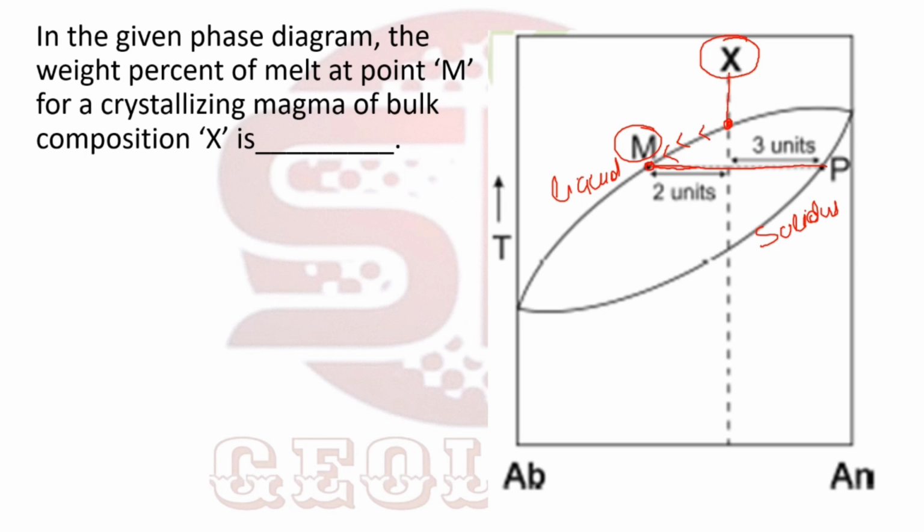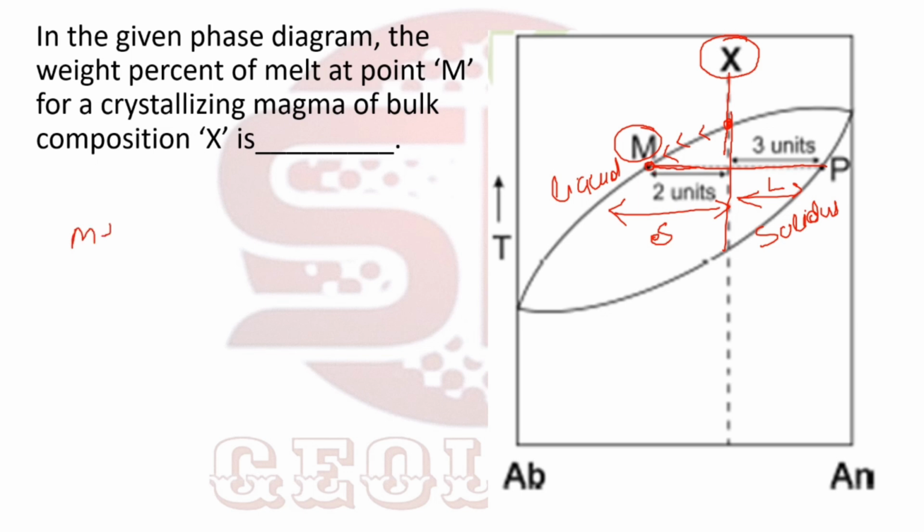By this line you can see the tie line will divide into 2 segments. This is one segment, this is another segment. So the segment that touches the liquidus will give the solid percentage, this will be the solid segment, and the segment that touches the solidus will give the liquid percentage. So here we require the melt composition or liquid composition.